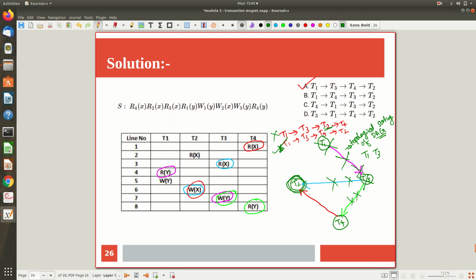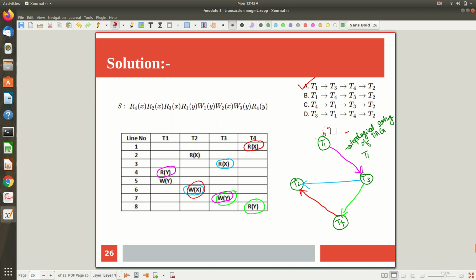You can reach T2 only after finishing T4. Sorry, I didn't see this edge, that's why I made that mistake. Now let me remove everything back. Let me remove this also because it may create some confusion for you. I simply wrote it, but actually one of the arrangements is wrong.